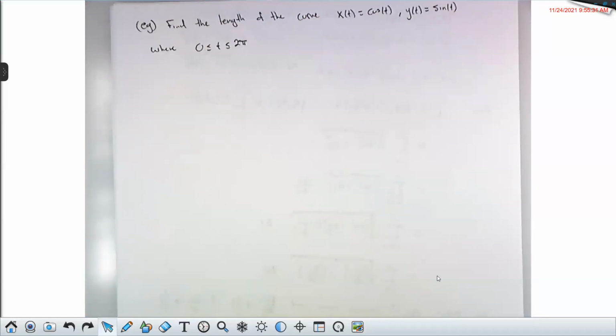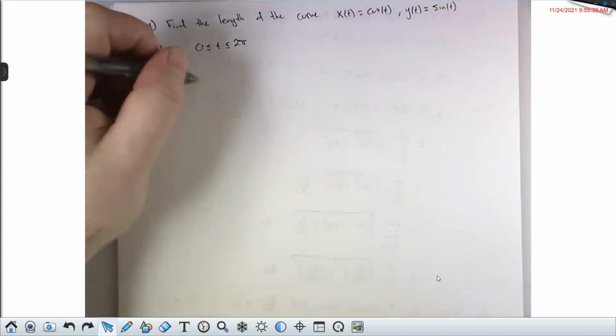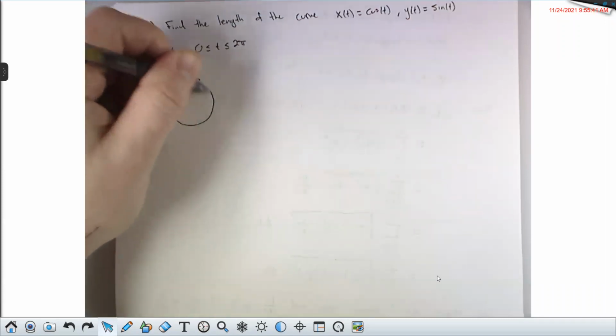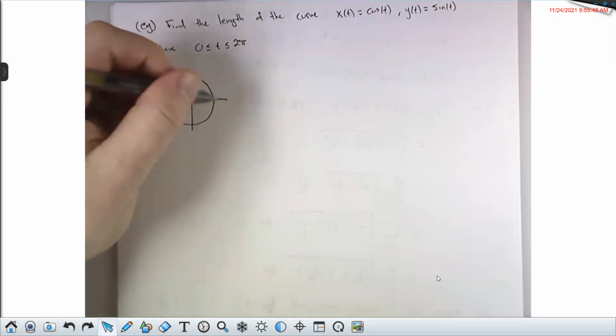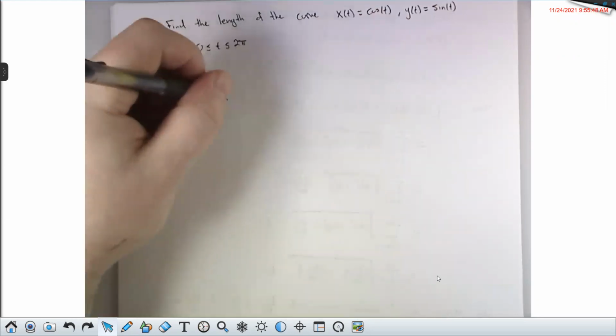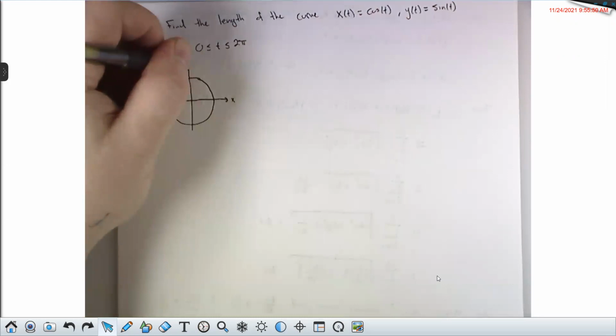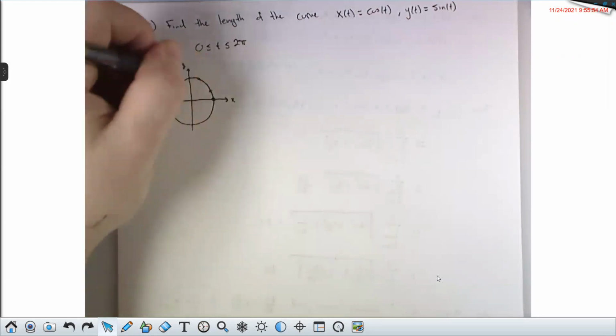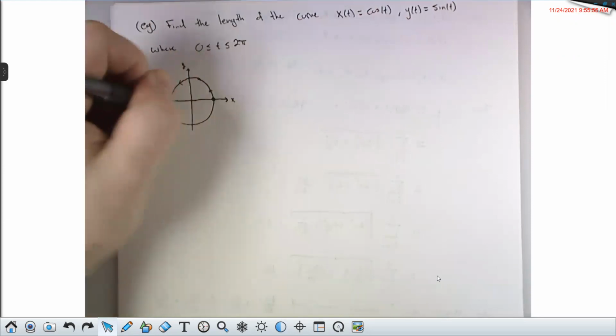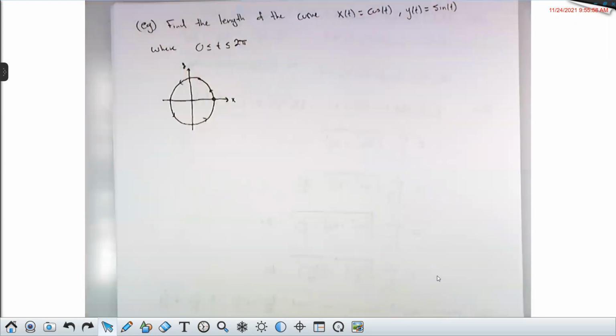That we know is the unit circle, right? That is the standard parametrization of the unit circle. So this example before: starting here, walking around, and ending back there.